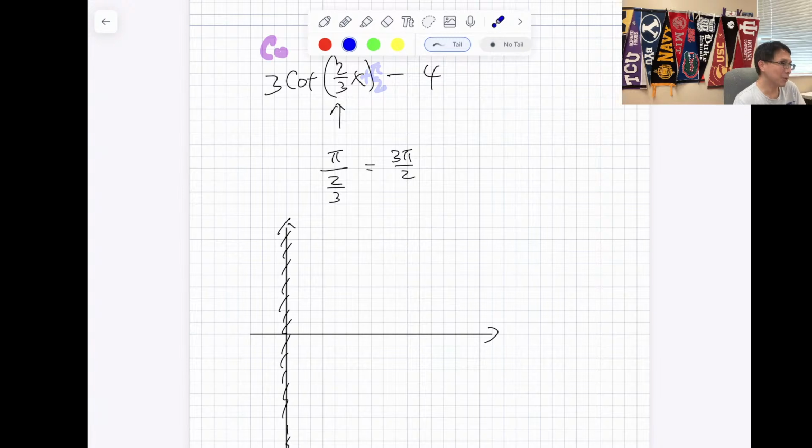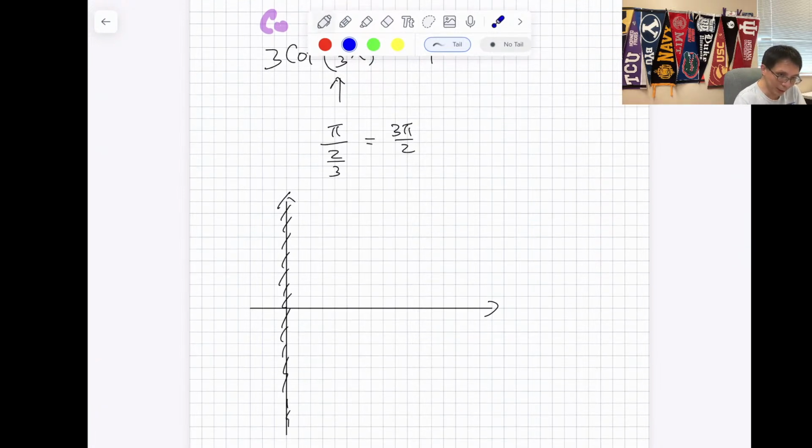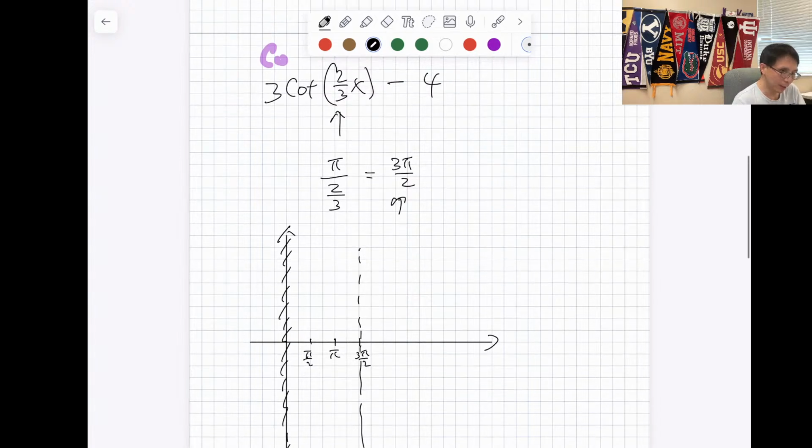But you don't, so you start with the asymptote. You're going to go to the next thing. This is pi, and this is going to be 3 pi over 2, because this is pi over 2. So that is going to be another asymptote. Is that okay? Because you start with an asymptote, you have a whole period, and you end up with another asymptote.